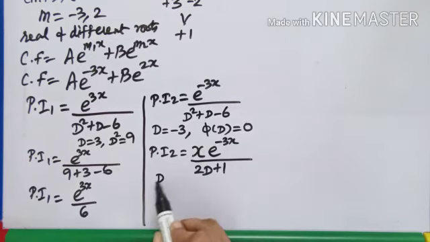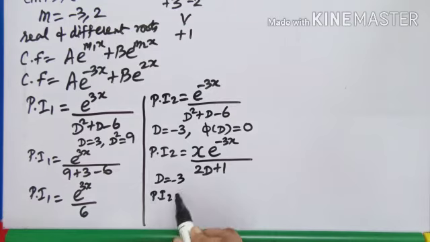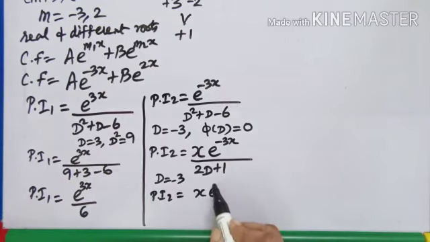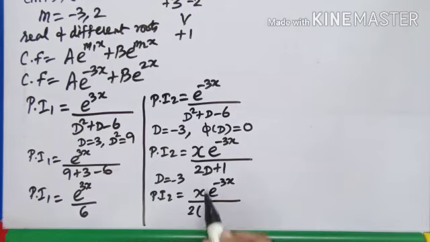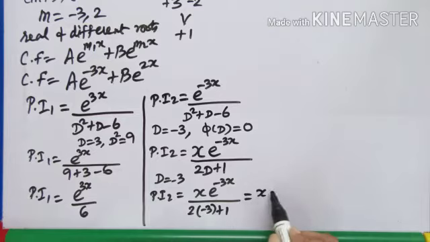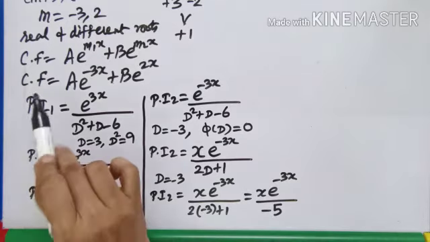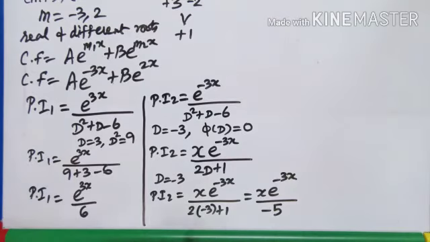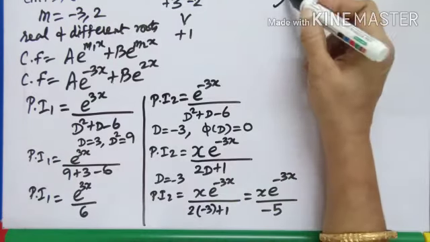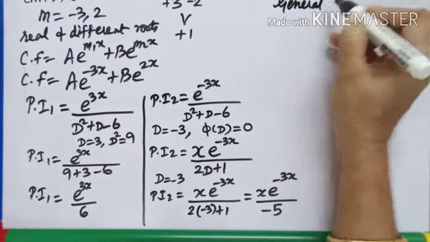Now substitute d equal to minus 3. So particular integral 2 equals to x e power minus 3x divided by 2 into, in the place of d I put minus 3 plus 1. So my answer is x e power minus 3x by minus 6 plus 1, that is minus 5. I know CF, PI1 and PI2. We write the general solution.